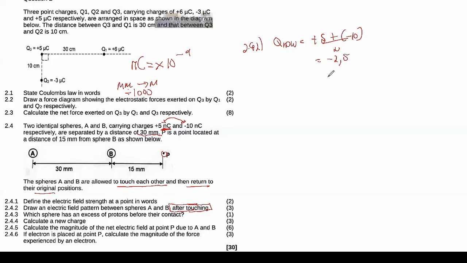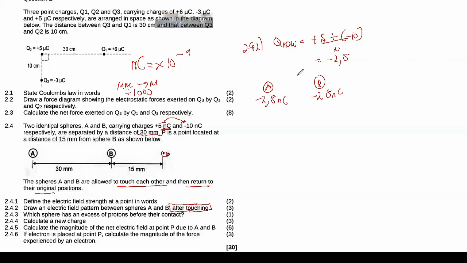So this one is negative. That means charge A will now have -2.5 nanocoulombs, and charge B will also have -2.5 nanocoulombs. So this is the reason why they separate. They separate because they now have the same magnitude and the same sign on the charges.